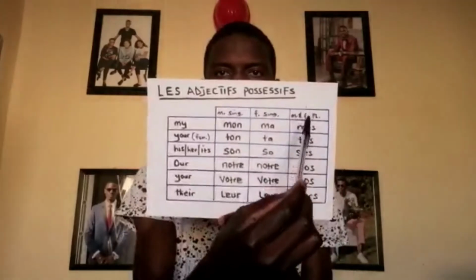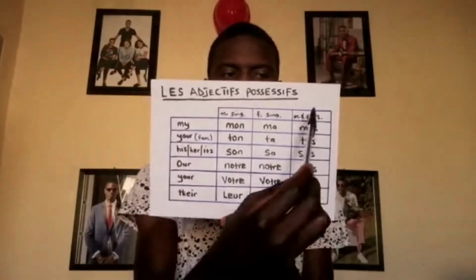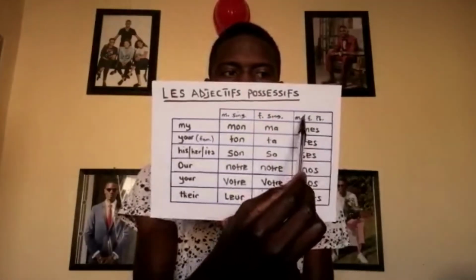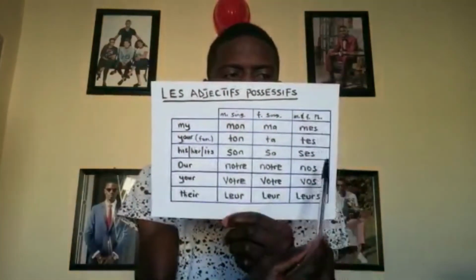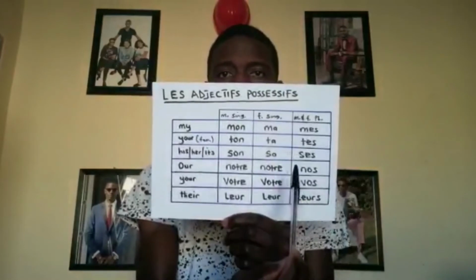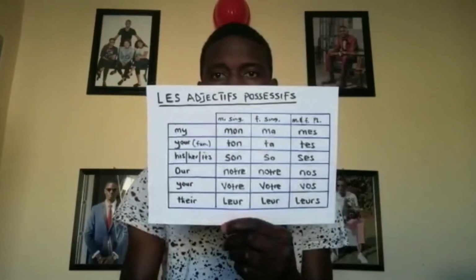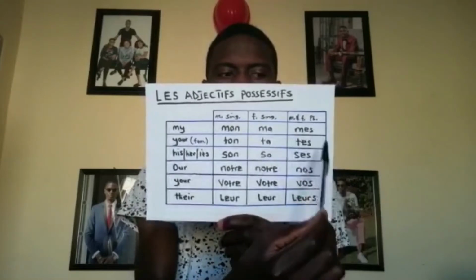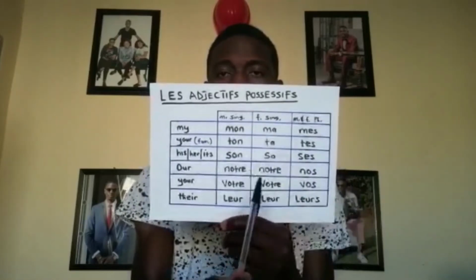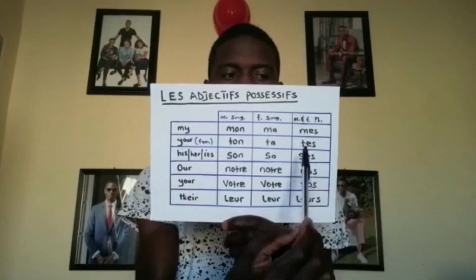And we have the plural form, which is either masculine and feminine altogether. So plural, that's a shortcut there. If you like to say my, but the noun that follows is plural, you say mes. If it's informal and you like to say your, you say tes.